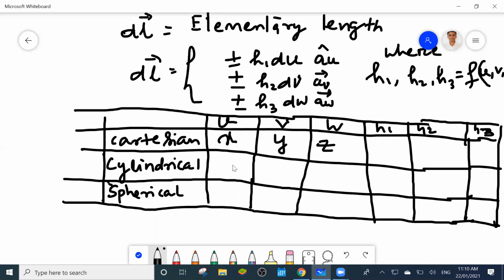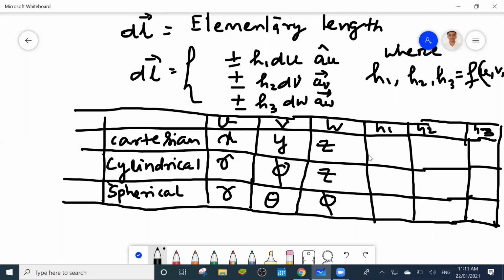If the coordinates are in terms of r, phi and z, then it is a cylindrical coordinate system. If the coordinates are in terms of r, theta and phi, then it is a spherical coordinate system.